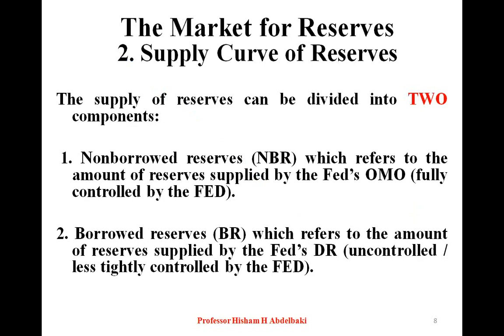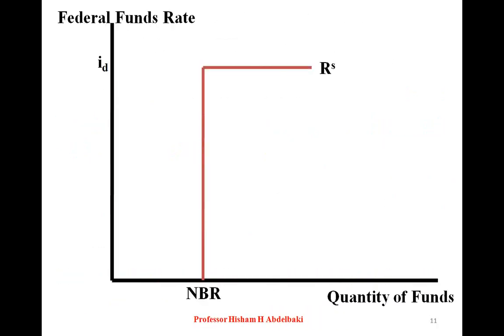Now the supply curve as well consists of two parts. Okay, this part is the vertical part, and the flat one is the horizontal one. Vertical part because when FF is less than the discount rate, ID means discount rate, in this situation the central bank just supplies non-borrowed MB. So we have just a fixed amount of MB that should be supplied by the central bank.